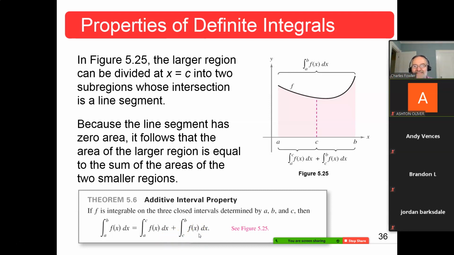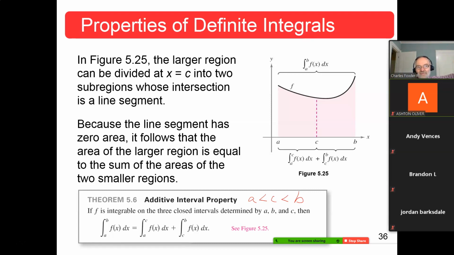Now they didn't say this. They kind of imply it, but they didn't say it. But guess what? It's still going to be true if it's not. Their implication here is that a is less than c is less than b. That's what they sort of assume, but this is true even if that's not.